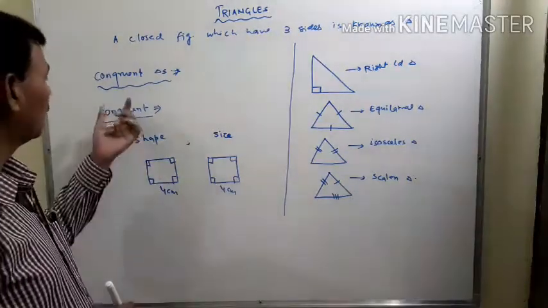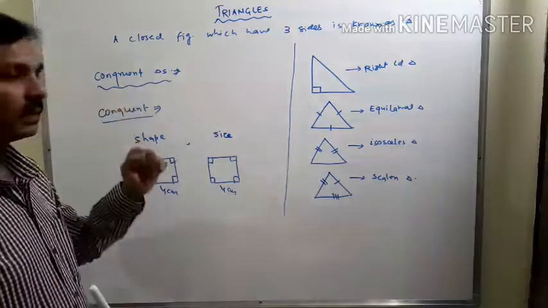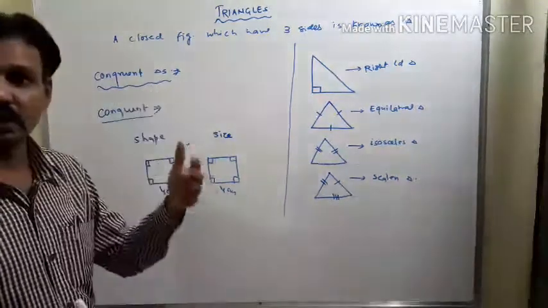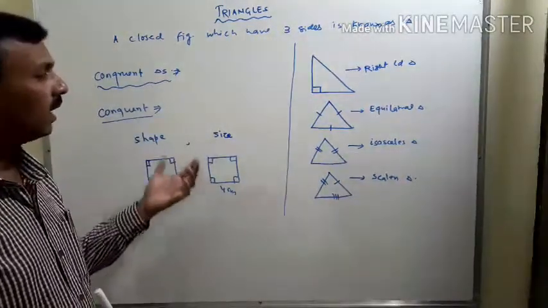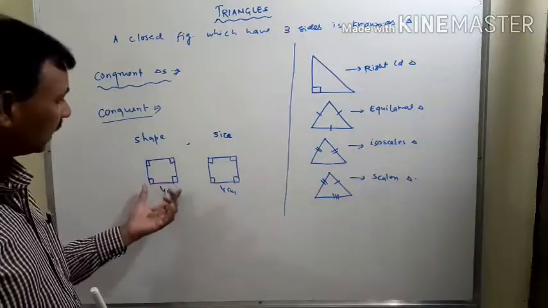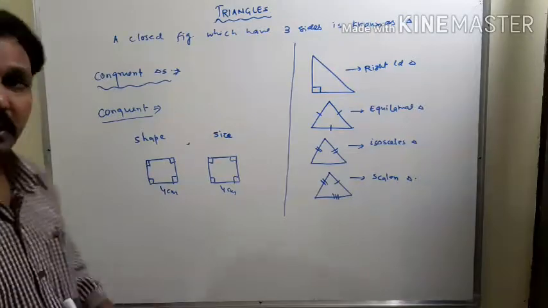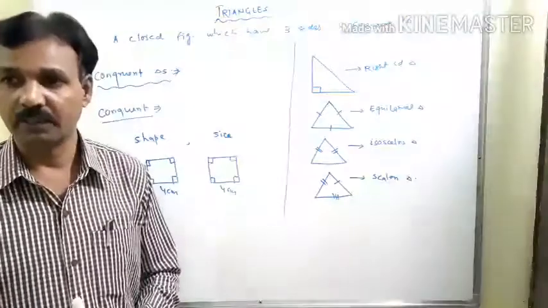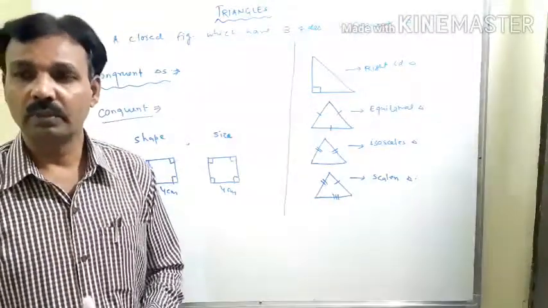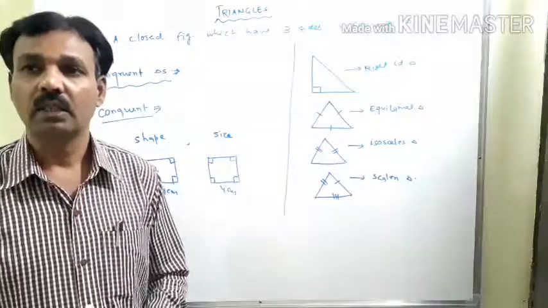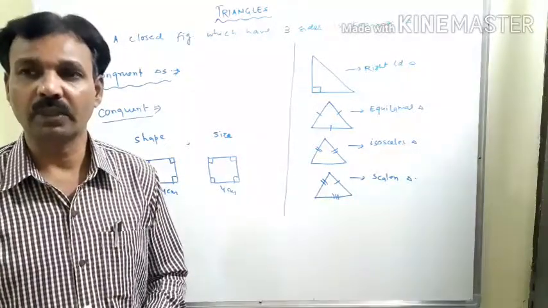That means congruent triangles, congruent rectangles, congruent squares, or anything. That means here there are two conditions to define congruent geometrical figures. Now in the next video we will discuss the geometrical conditions of congruency.